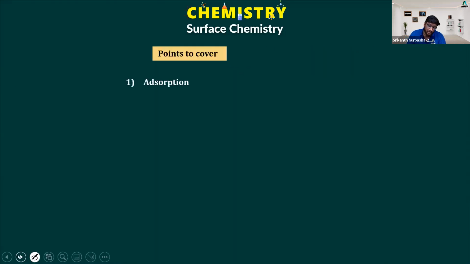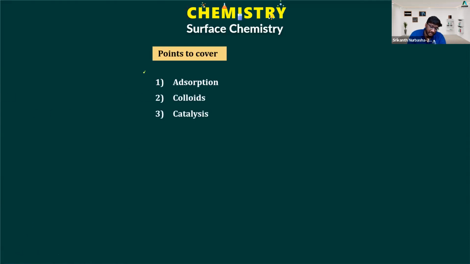In surface chemistry, the points we are going to cover are adsorption, colloids, and catalysis. In adsorption, we'll talk about what adsorption is, the chemistry of adsorption, and the factors on which adsorption depends, as well as Freundlich adsorption and Langmuir adsorption.